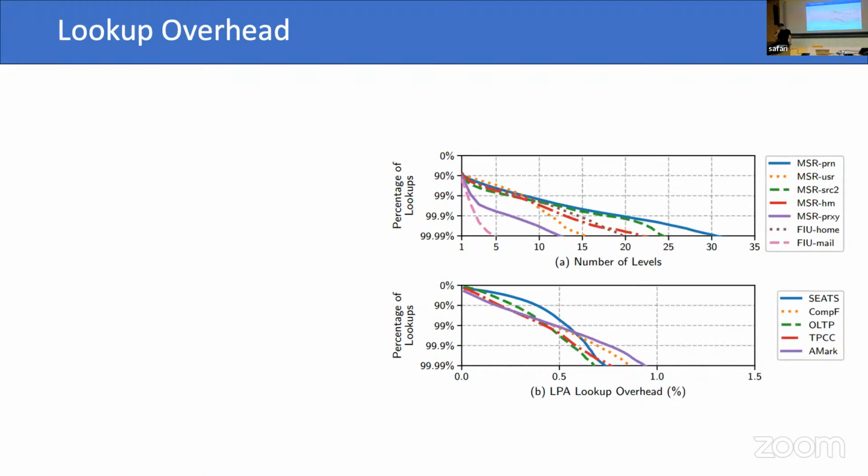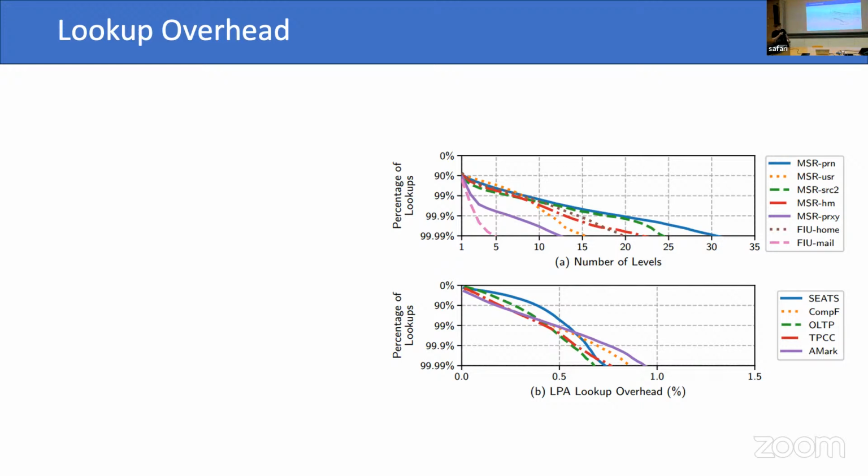Then we go over to the lookup overhead, which is one of the two overheads we have. That schema is a bit maybe rough to understand, but on the left, we have the percentage of lookups. Basically, on the first segment, we have from 0 to 90%, so most of it. And then on the other one, we have very few.